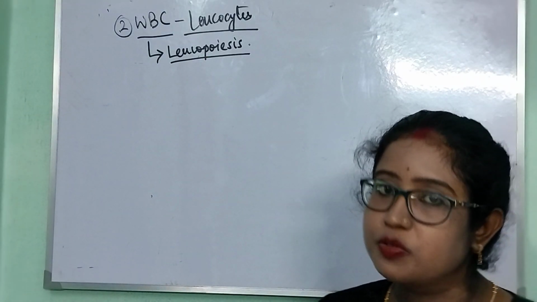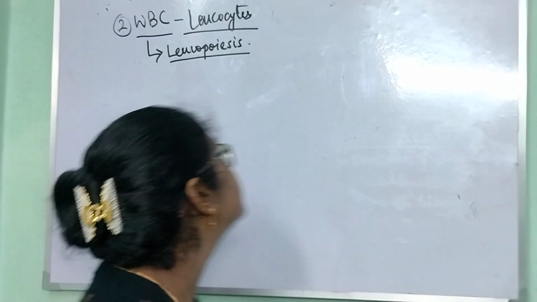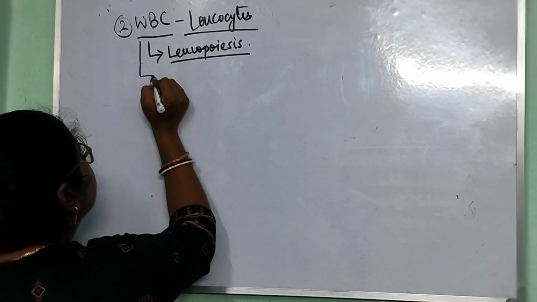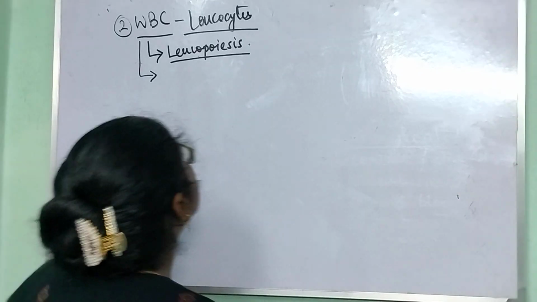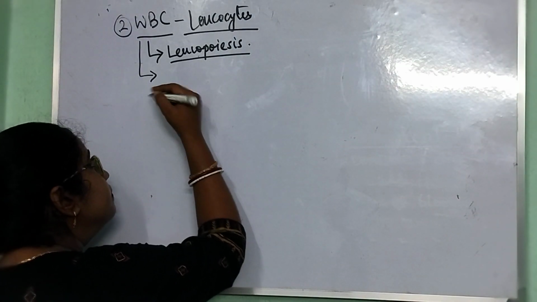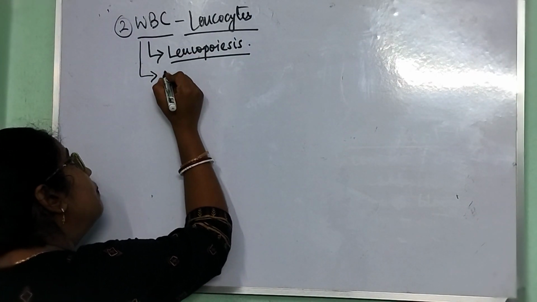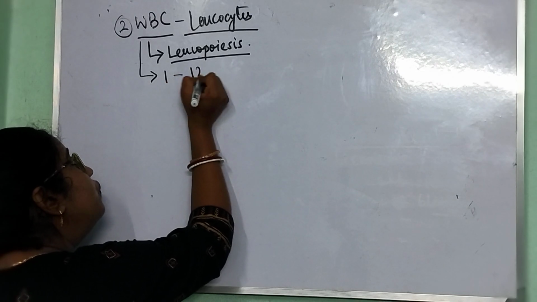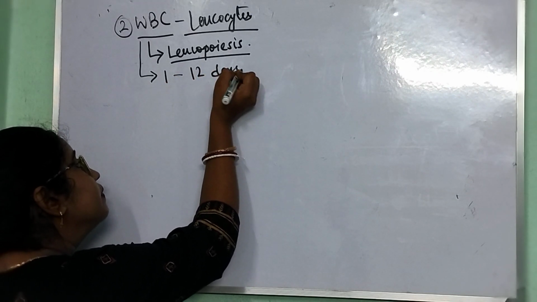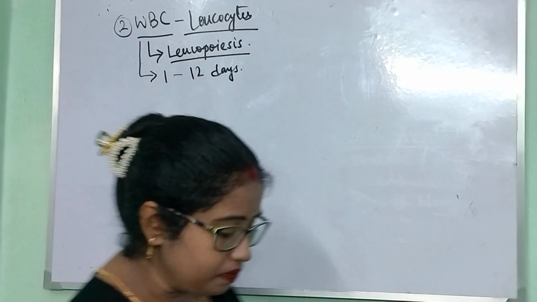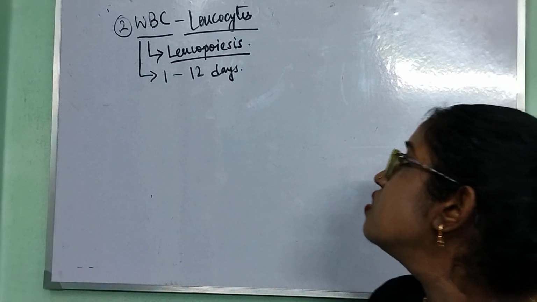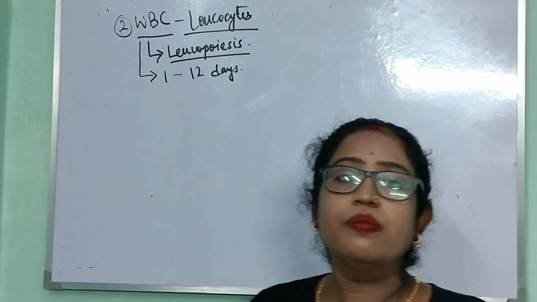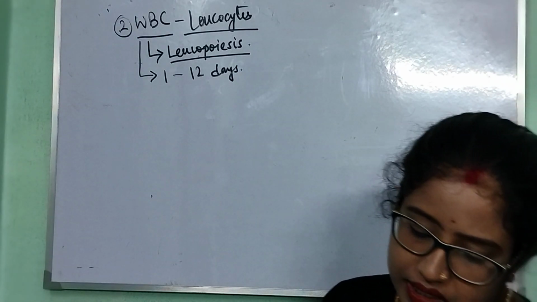The average lifespan of the WBC varies, as there are different kinds of WBCs. There are actually 5 kinds of WBCs. So the lifespan varies from 1 day to 12 days.